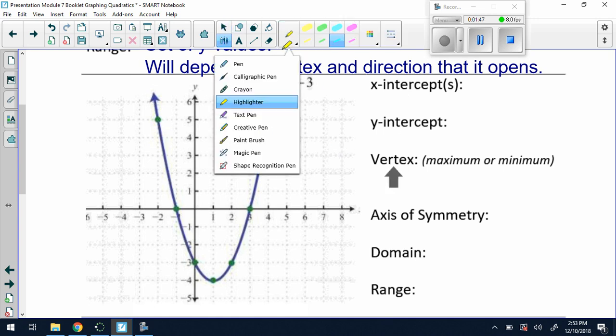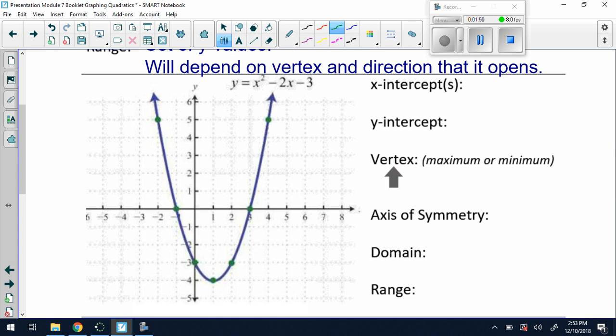I know it asked for the intercepts first, but I'm actually going to get the vertex first. And before I do anything else, I'm going to determine that since my vertex, which is right here, is at the bottom, it's my lowest value, so my vertex in this case is a minimum. The point is (1, -4). My x-intercepts are here and here.